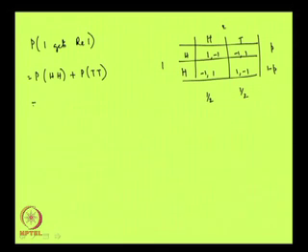And what is the probability that HH has happened? Which means that player 1 has chosen H, player 2 has also chosen H. Now, the probability that player 1 chooses H is P, and the fact that player 2 has chosen H, which is half, these are independent events.